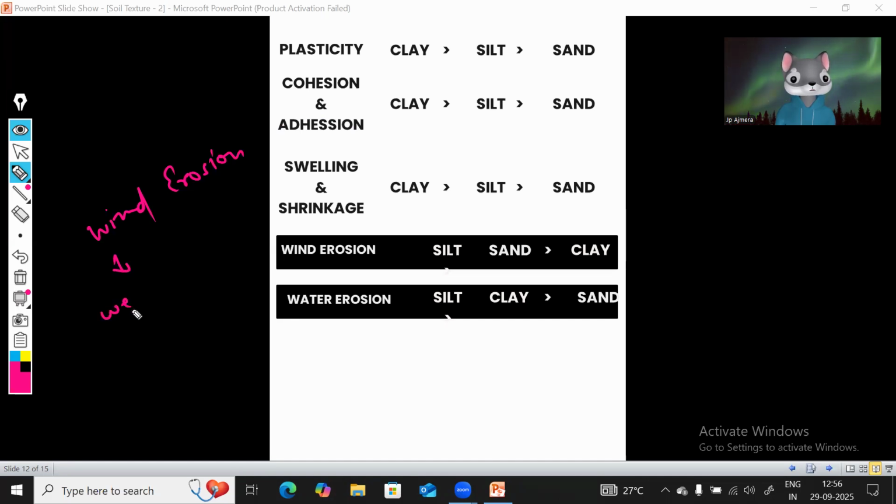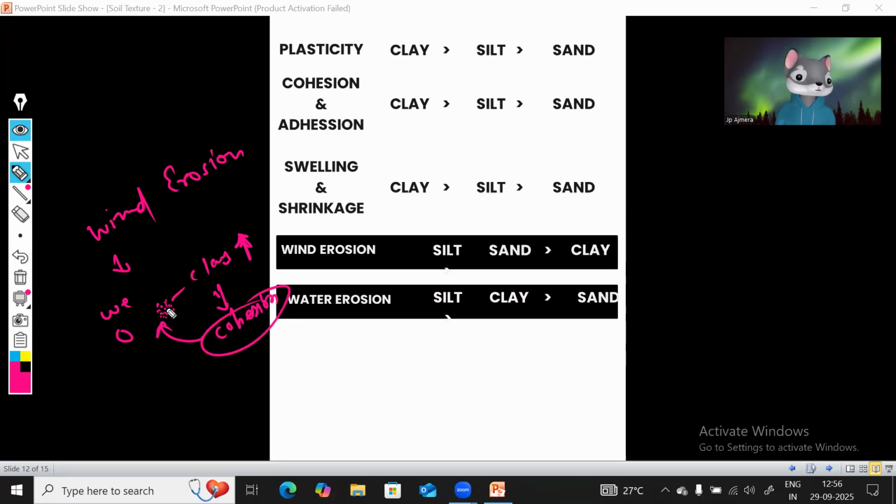We know that the attraction between clay particles is high because of cohesion, so they will not easily detach from each other.